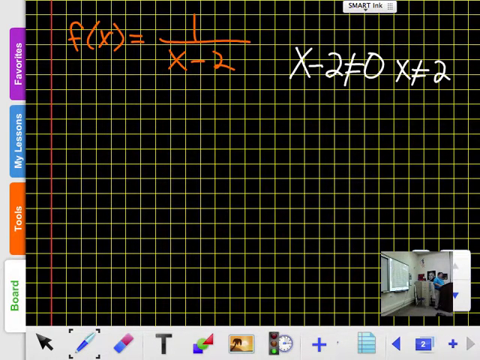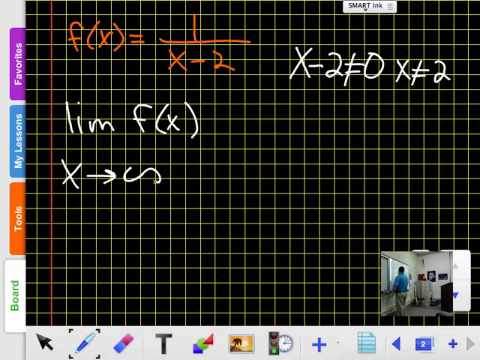It's an anti-equality. All right, so then we want to look at the end behavior. The end behavior is: what is the limit of f of x as x approaches infinity, and what is the limit as x approaches negative infinity, okay?